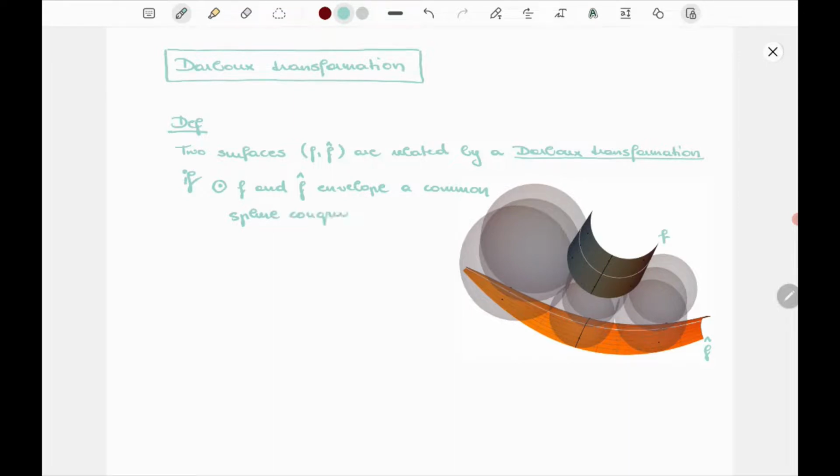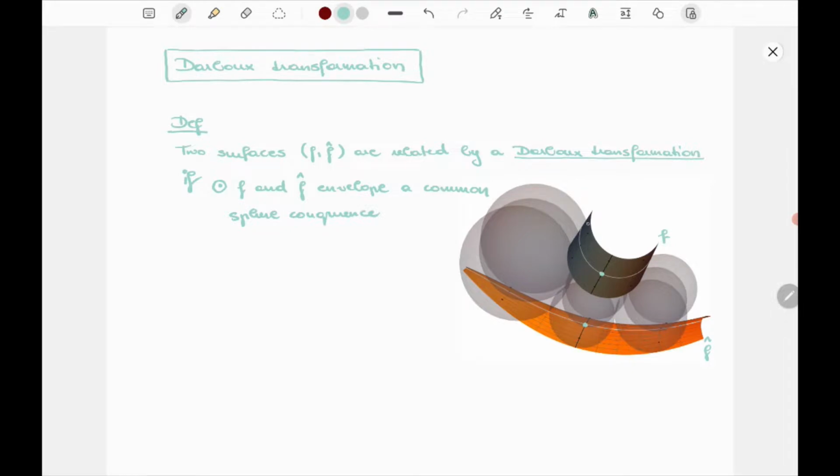And this condition induces a one-to-one point correspondence between the two surfaces. Namely, two points are in correspondence if they lie on the same tangent sphere in the sphere congruence.